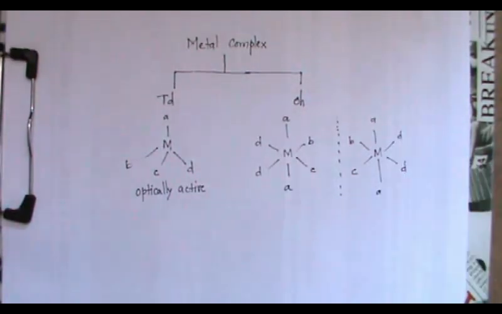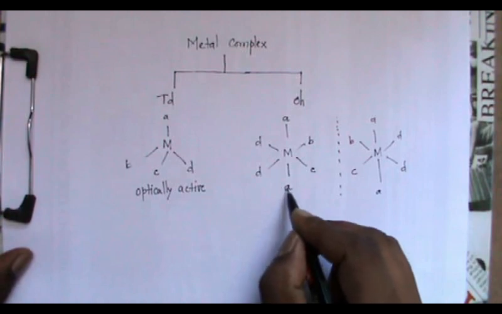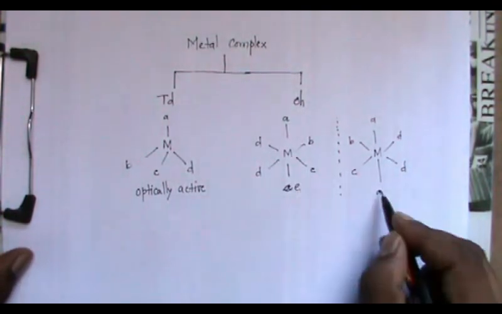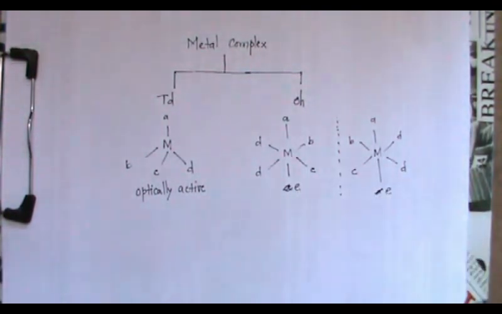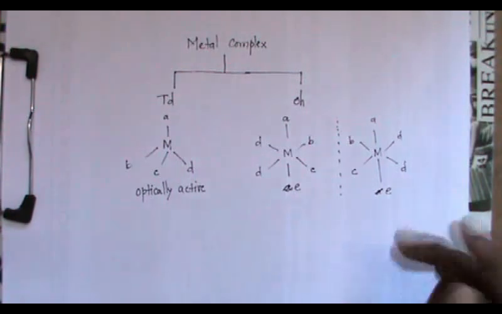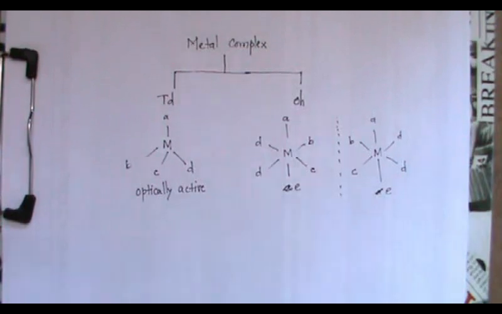Sorry, these two structures are superimposable, so I modify this little bit. Let us consider E here. In this case, it is not possible to superimpose the mirror image with the actual molecule. So this molecule will be optically active. It can rotate the plane polarized light.